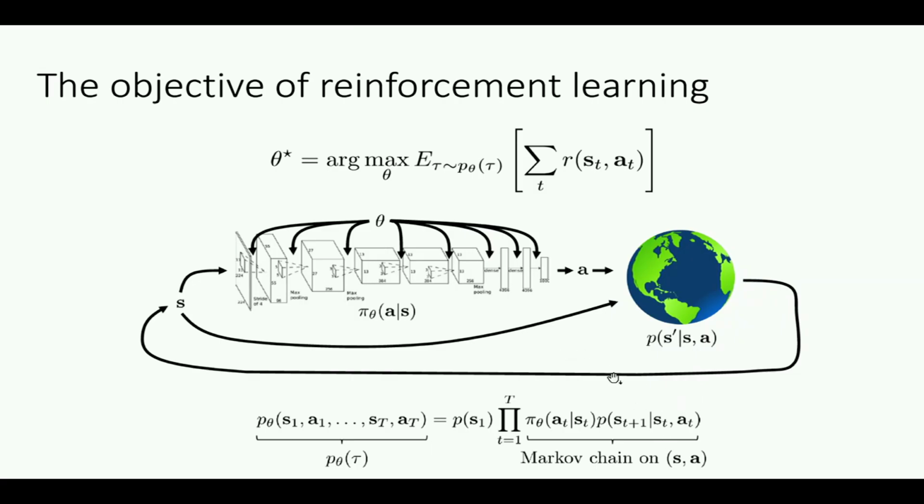So effectively, by executing multiple actions in a row, you have this Markov process where you can easily compute the likelihood of this process by multiplying together your policy and the state transition matrix, and you can define the joint likelihood of this entire Markov chain by multiplying up these probabilities.